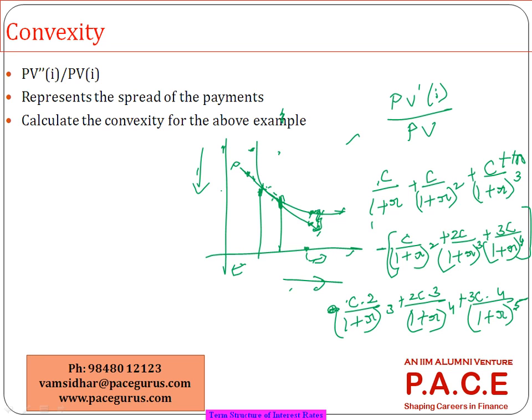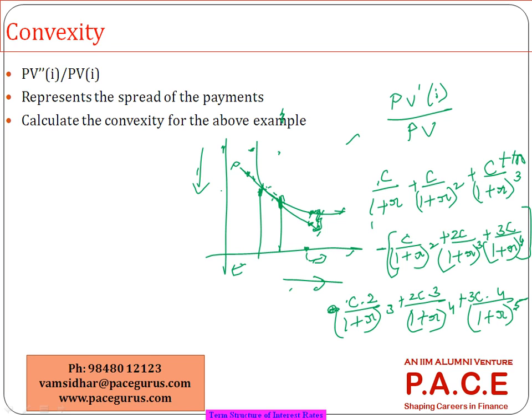We can also use the scenarios of the increasing annuities. When I discuss the numericals, I'll use the examples of increasing annuities and the actuarial tables associated with the increasing annuities also to compute the convexity.